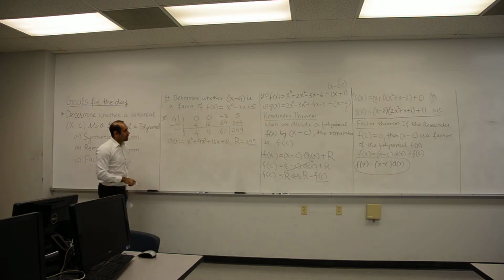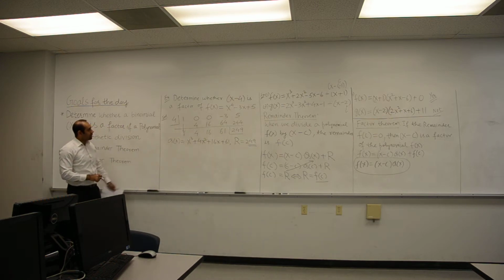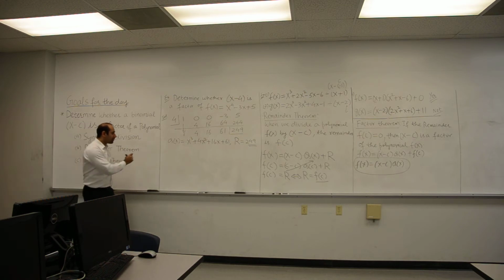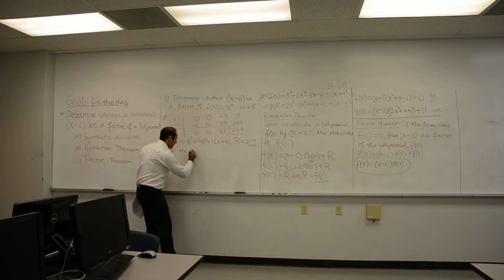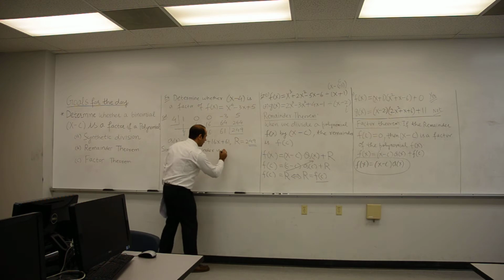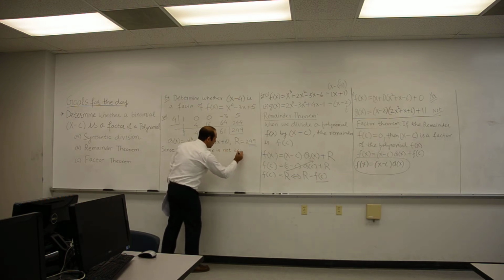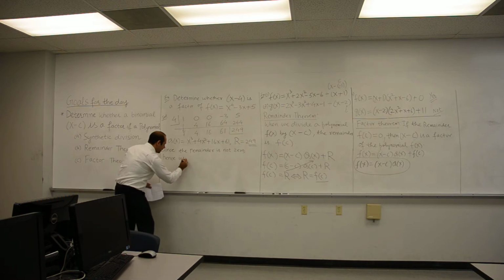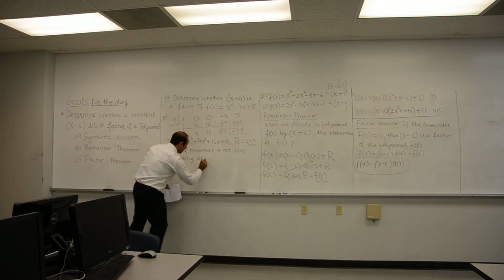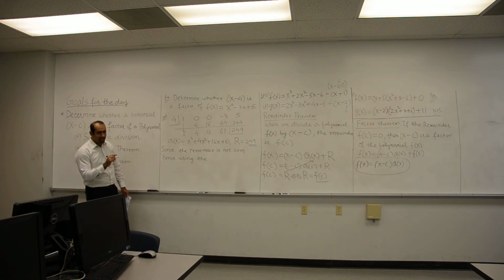So how would we write the answer to the original example? This should be the proper way to write the answer. Since the remainder is not 0, once we figure that out, we just appeal to our factor theorem.